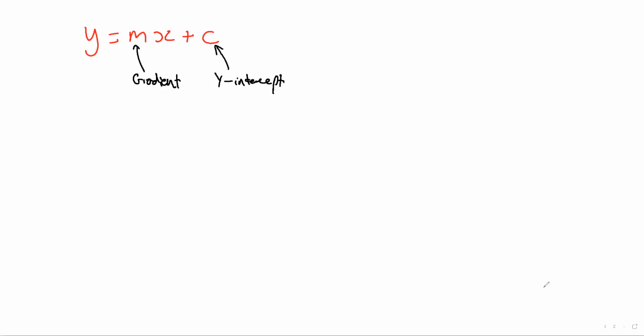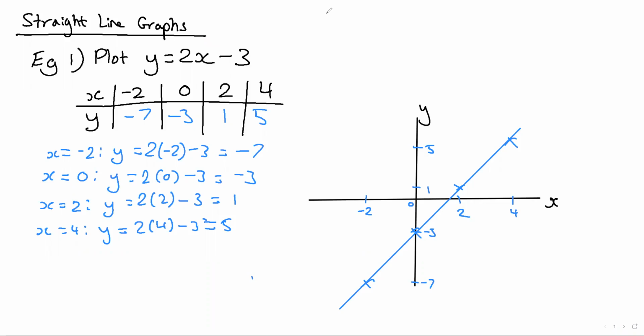But something to bear in mind is that in this form, y equals mx plus c, no matter what x value we put in, for example here we put in -2, 0, 2, and 4, the y we get out of this equation will give us a point on the line.